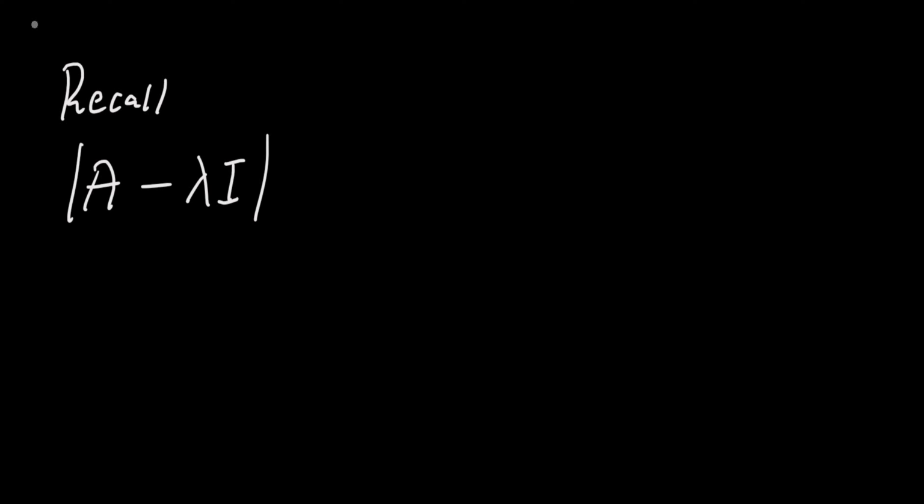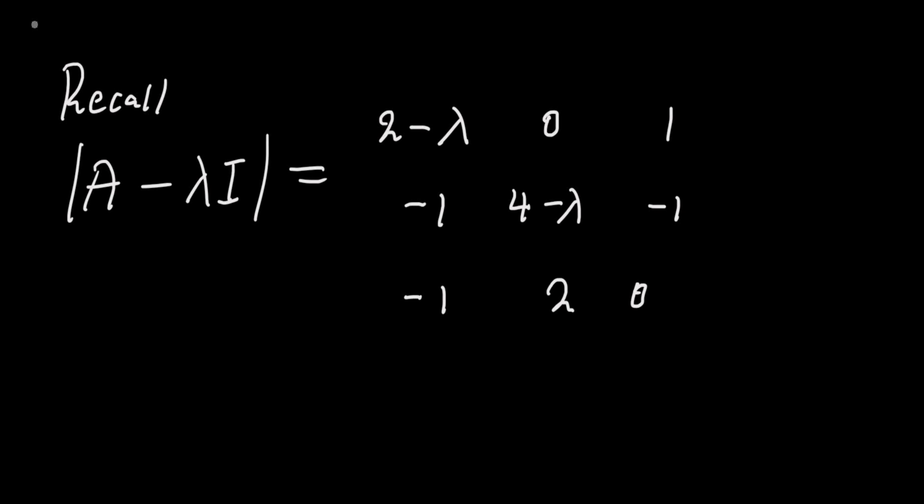Please recall that the characteristic determinant for the matrix A minus lambda is equal to 2 minus lambda, 0, 1, negative 1, 4 minus lambda, negative 1, negative 1, 2, and 0 minus lambda. We can put this in parentheses.